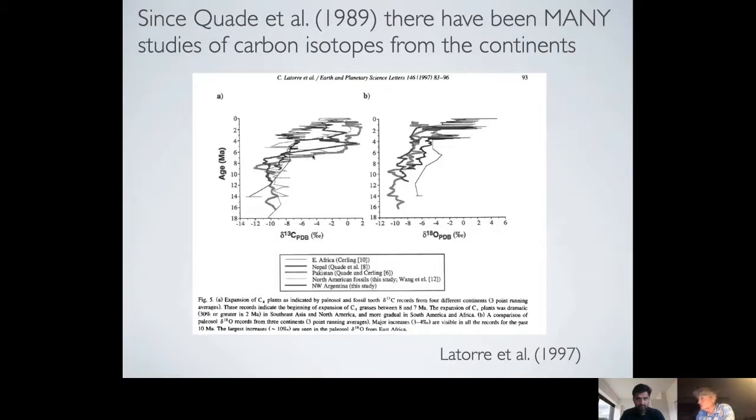This is the Pakistani record that I showed you before from one of the sections. So the transition was thought to happen about 6 million, and then there's some others. East Africa is much later, so the earliest shift, according to these data, was in Pakistan, and then it looks like the Nepali record was a little later, and then East Africa was way up here.